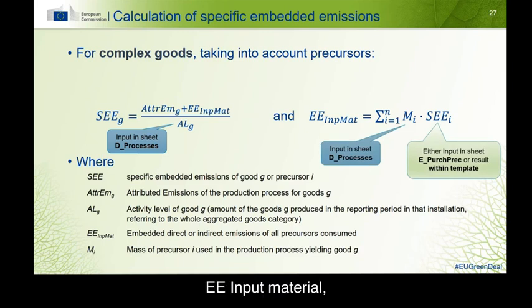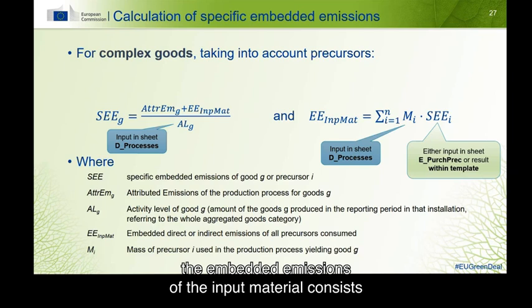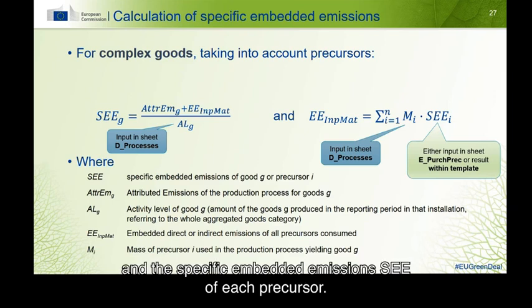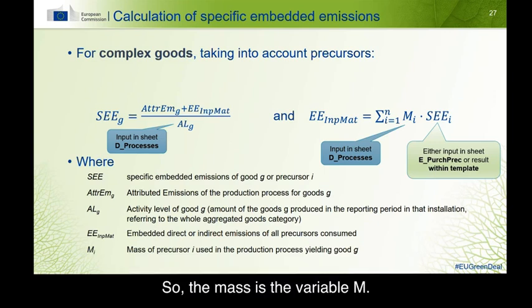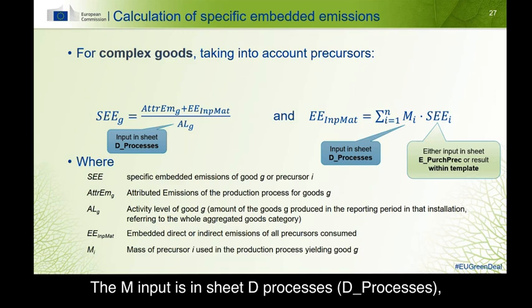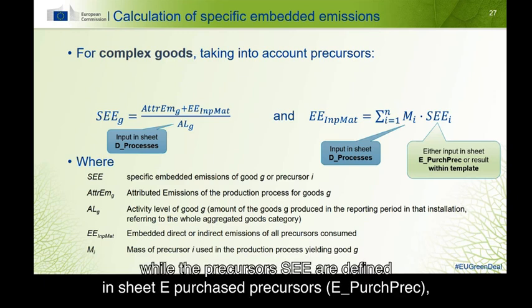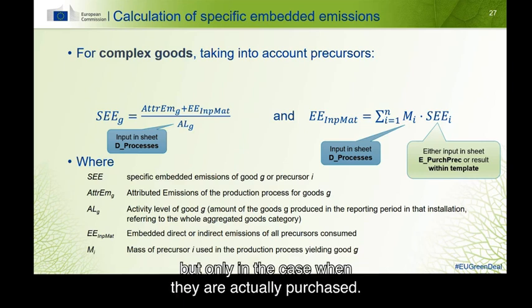EE input material, so the embedded emissions of the input material, consists of the mass consumed of each precursor and the specific embedded emissions SEE of each precursor. So the mass is the variable MI. The MI input is in sheet D processes, while the precursors' SEE are defined in sheet E purchased precursors, but only in the case they are actually purchased.